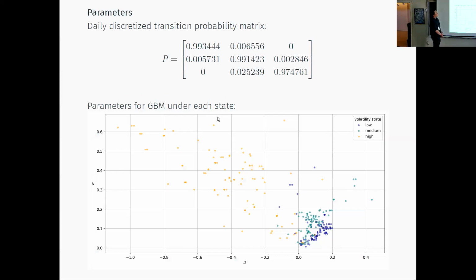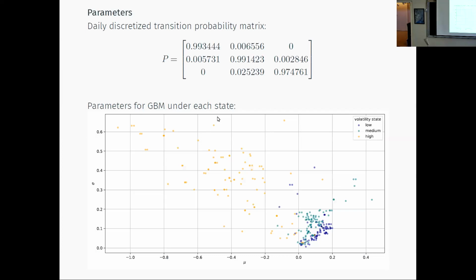And here are the estimated parameters. This is the transition probability matrix, and here, conditioned on the hidden states, is the parameter for the GBM. In this plot, the blue dots are for low volatility.